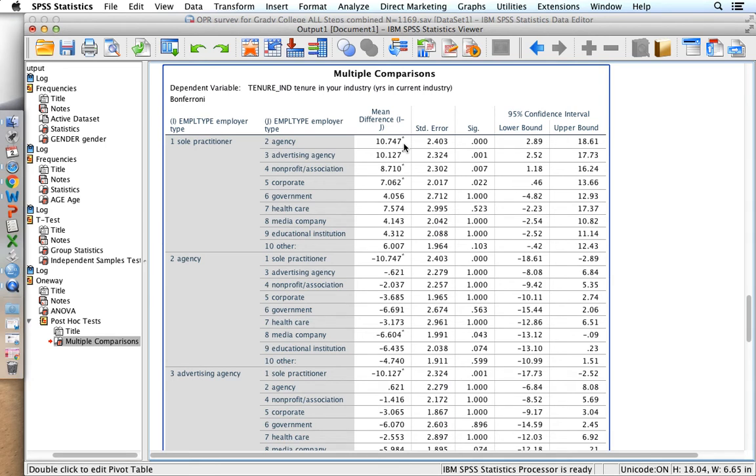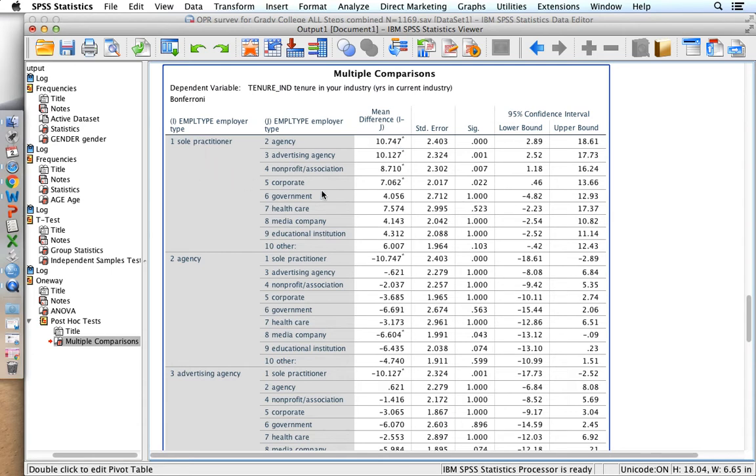So I see sole practitioner minus agency has a mean difference of 10.74 years in the industry. To me that says the sole practitioner has been in his work industry for 10.74 more years than the person who just worked in the agency.